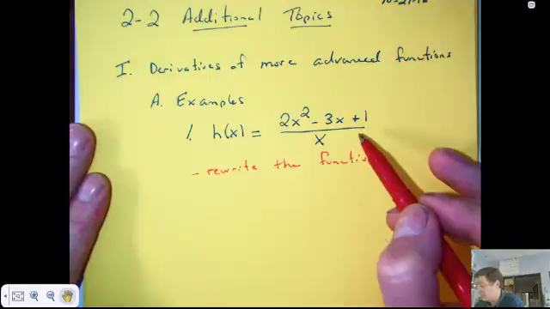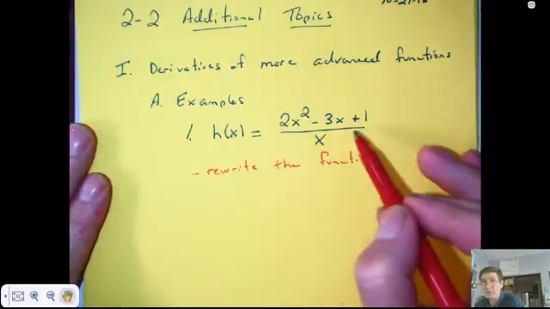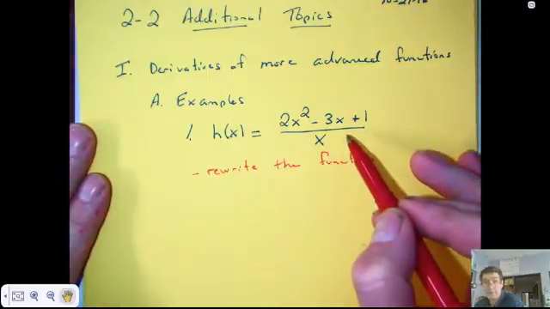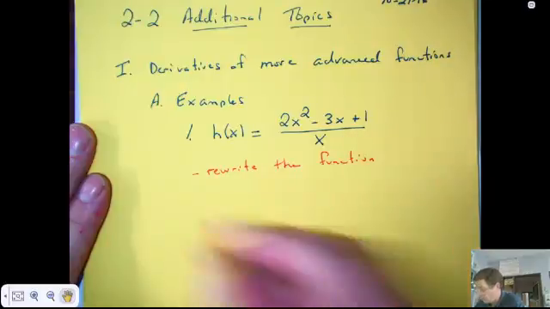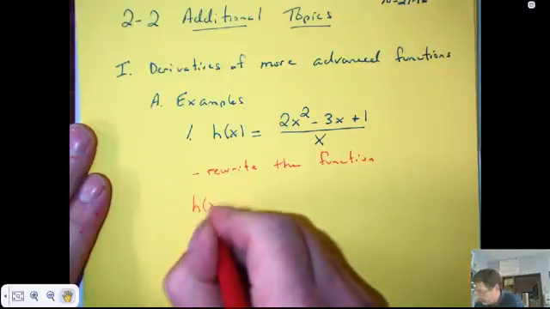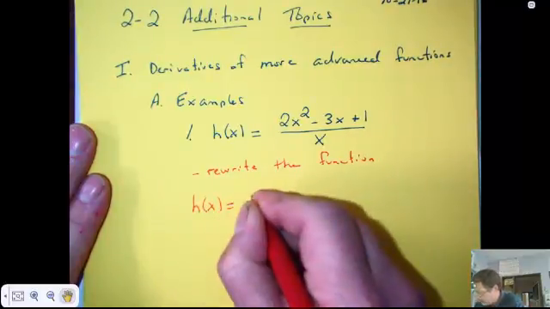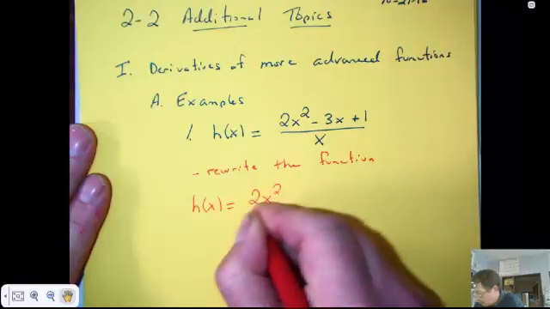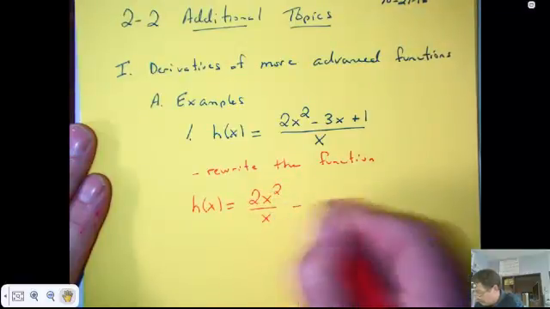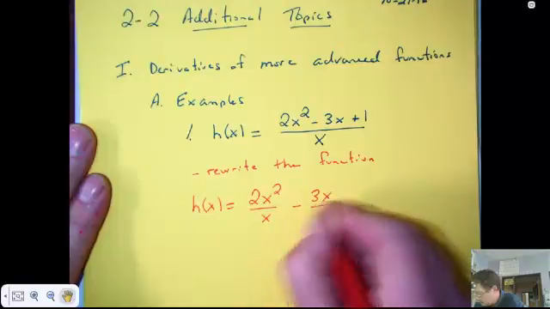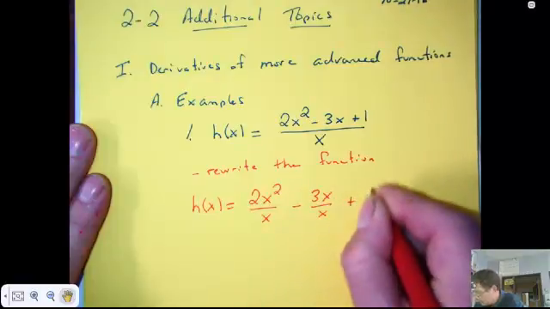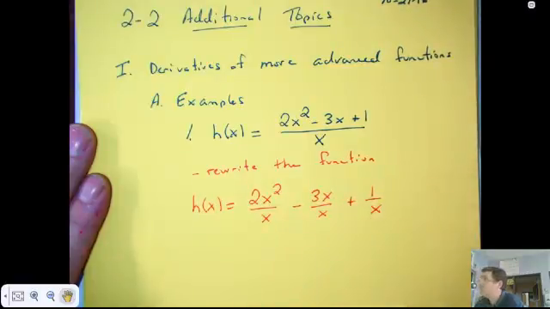So in fact, we can split this up into 3 separate fractions. Right? It's a common denominator. So h of x, we could write this as 2x squared over x minus 3x over x plus 1 over x.